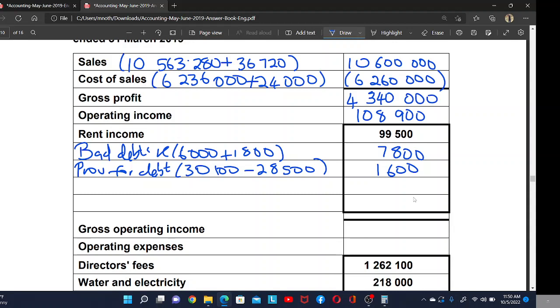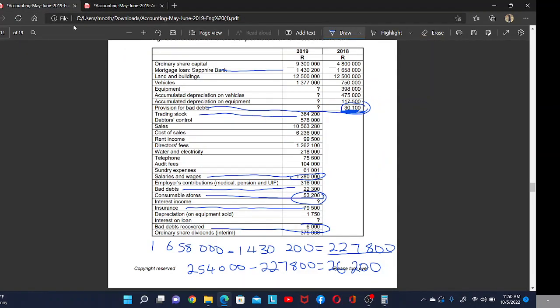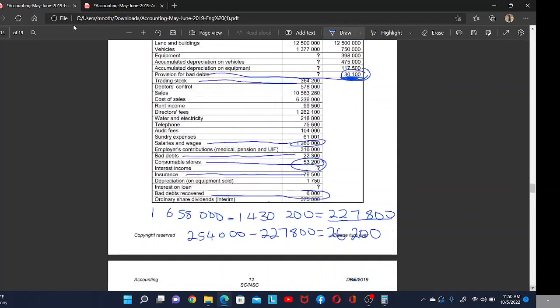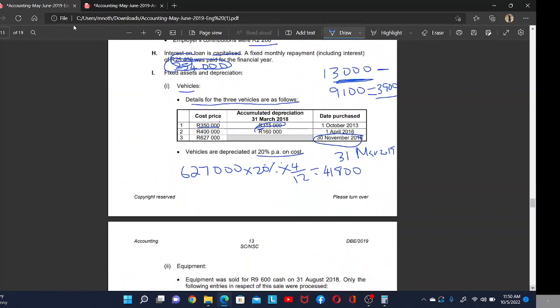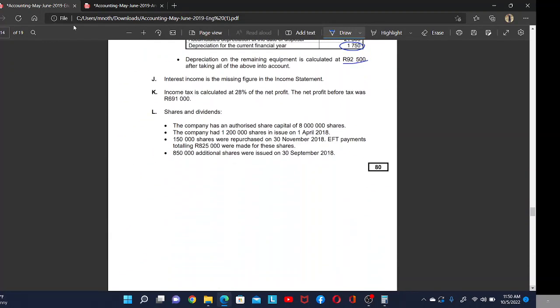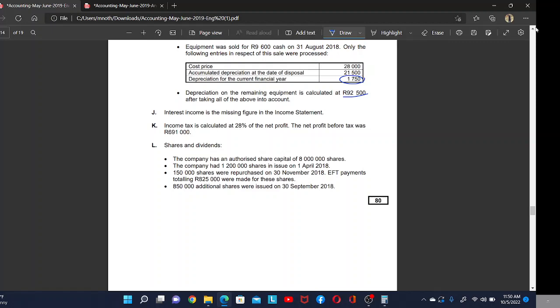Oh, we forgot something. Here there's something that we need to do. So this is your asset disposal.